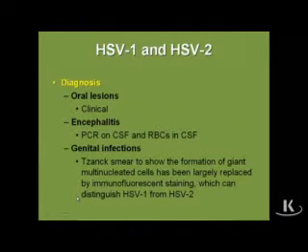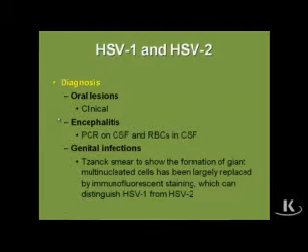So the diagnosis is made based on clinical presentation. For encephalitis, we can definitely say it's viral by looking at some of the properties of the CSF, but we can also do PCR on the CSF to specifically detect the herpes viruses.